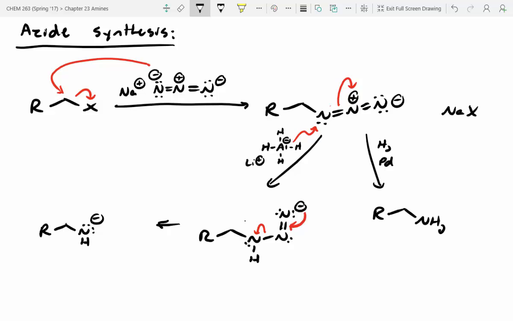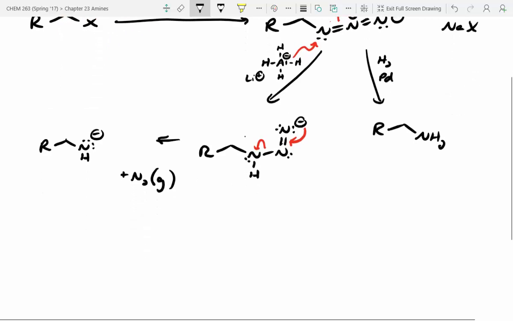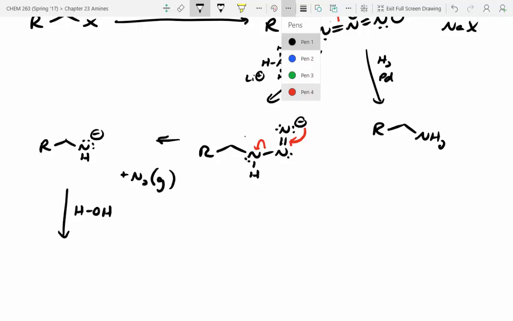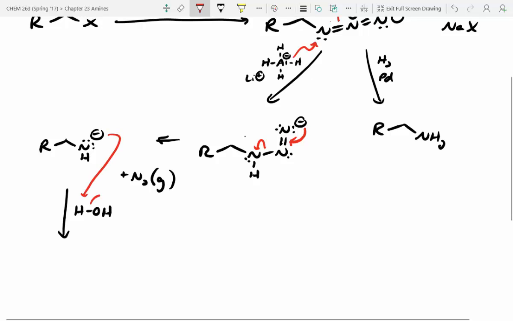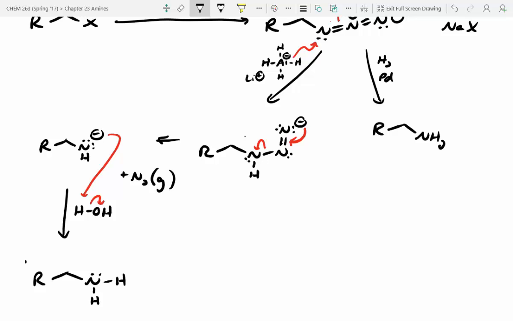It makes nitrogen gas. Yeah, it makes nitrogen gas, exactly. And then step 2 for this reaction is just treat this with water as a proton source. And you can get to your primary amine.